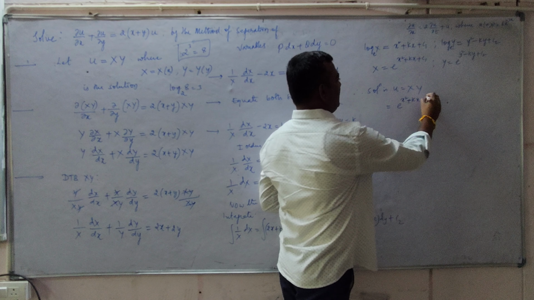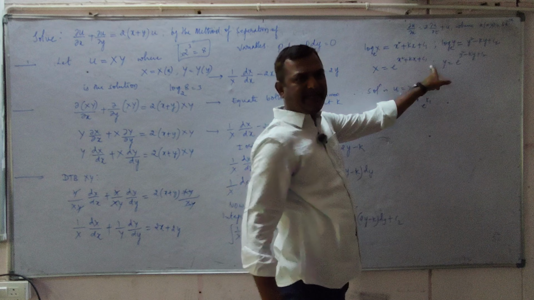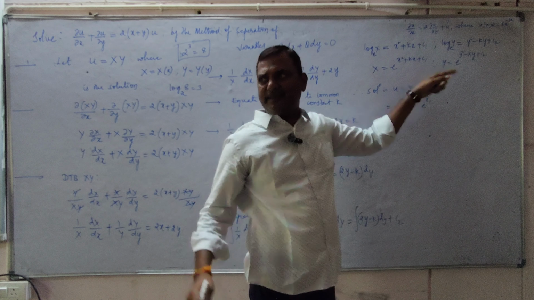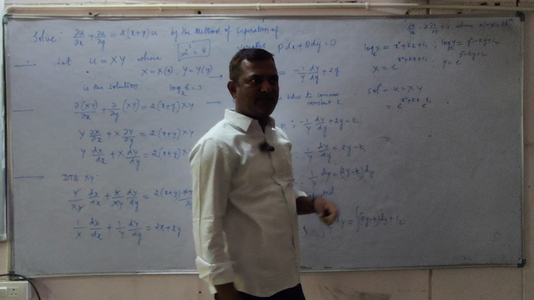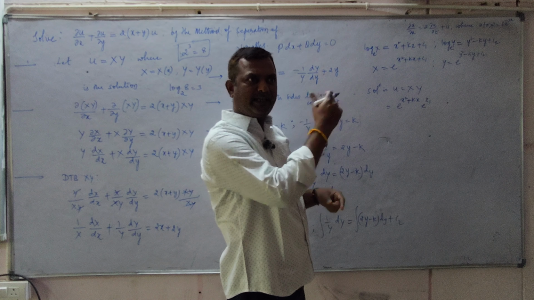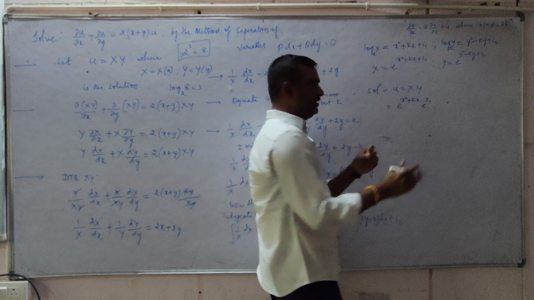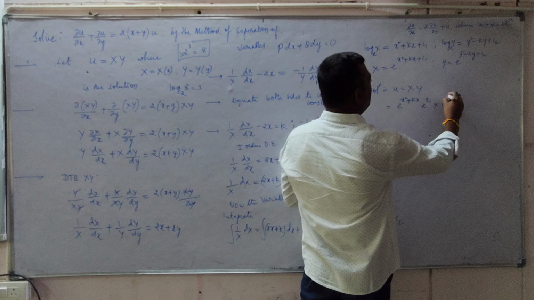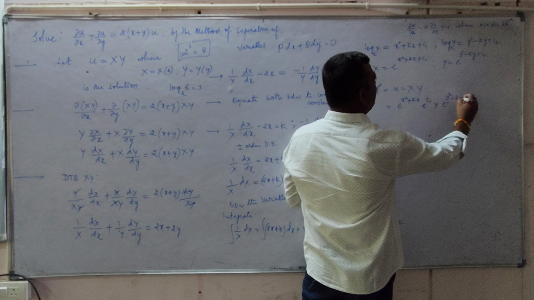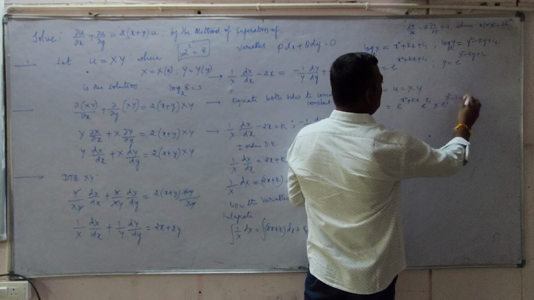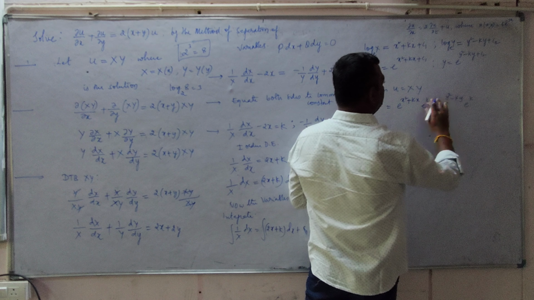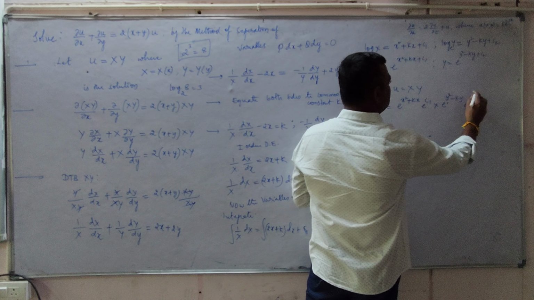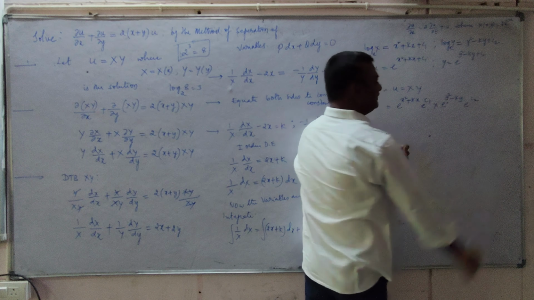Shall I write this as e raised to C1? You can make it separate also. When the bases are the same, you can add the powers. When the power is a sum of 2 or 3 terms, you can express it back. So into this, e power y square minus ky, into e raised to C1 and e raised to C2.